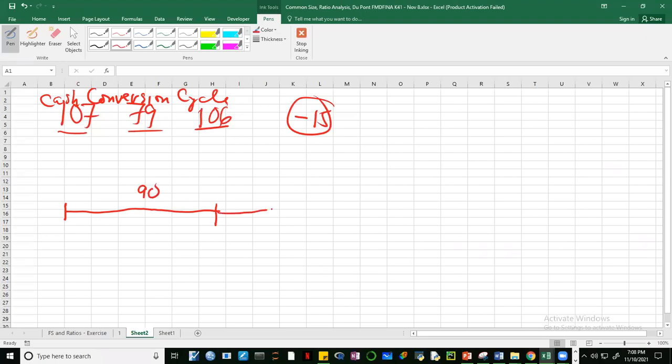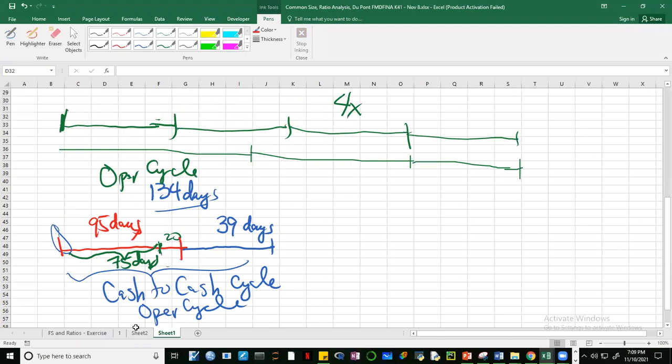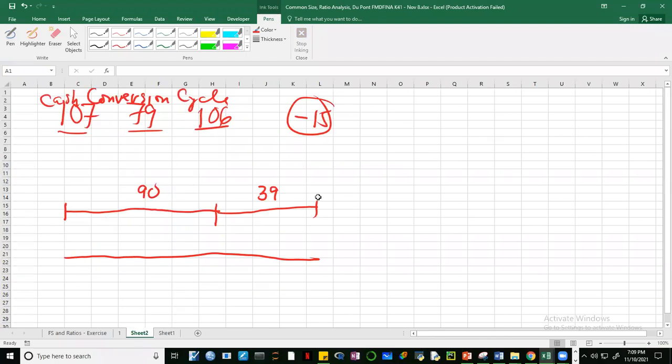Tapos from selling to collection, 39. So ang operating cycle natin is 134 days.